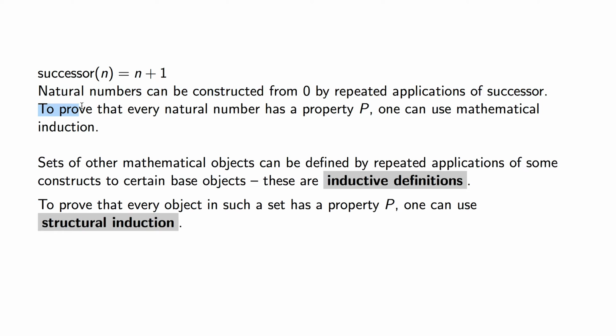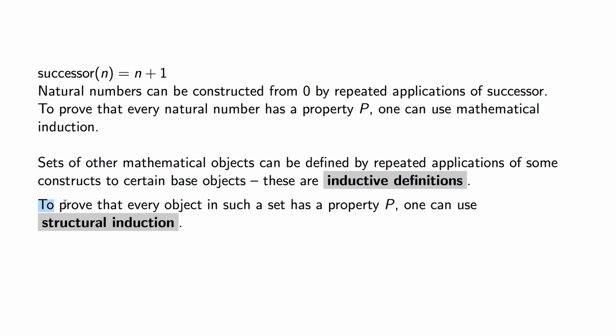To prove that every natural number has a property p, one can use mathematical induction. It turns out that sets of other mathematical objects can be defined by repeated applications of some constructs to certain base objects. Whenever we take this approach, we are using so-called inductive definitions.